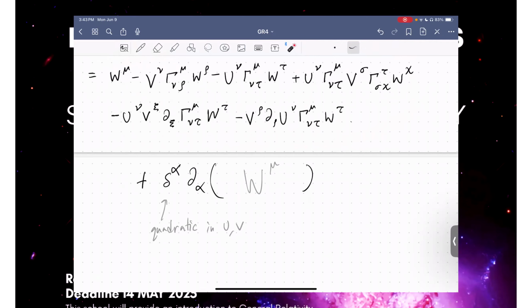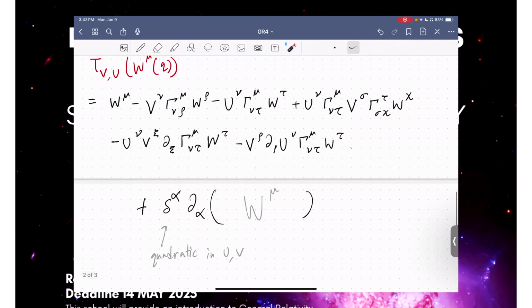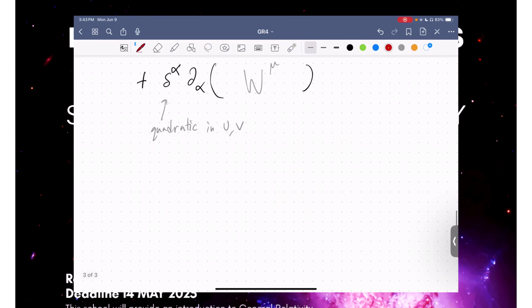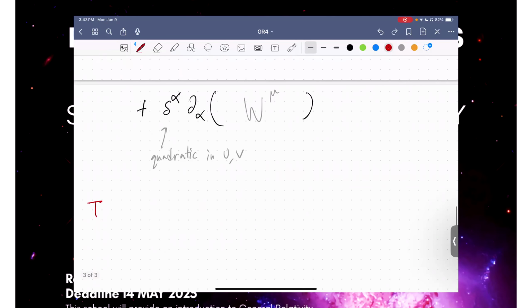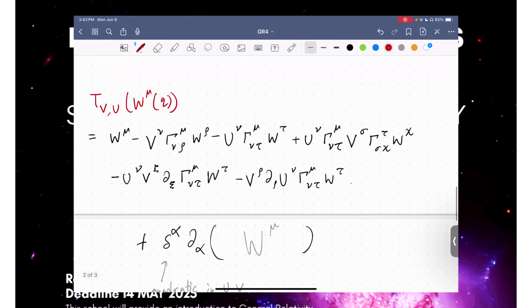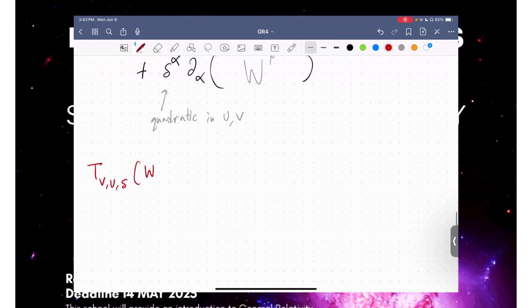We take this, we add this, and we end up with T, first V, then U, and then delta, W mu, and we are back at P along a different path.